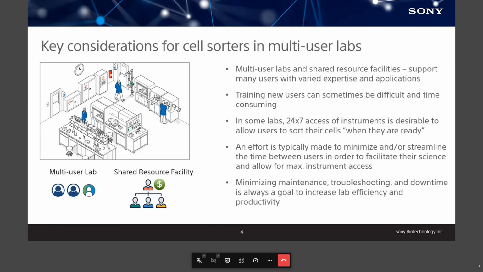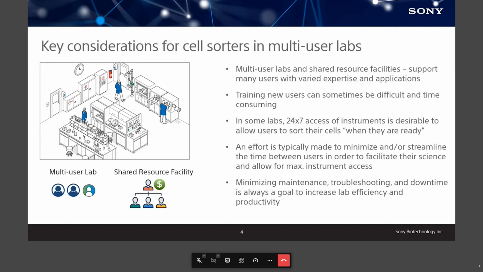In a shared resource facility, it's similar, but these are often called shared resource labs or core labs, and these are labs that are maintained and staffed oftentimes by an institution for the purpose of multiple labs or multiple departments using and having access to the instrumentation and the expertise of the staff.